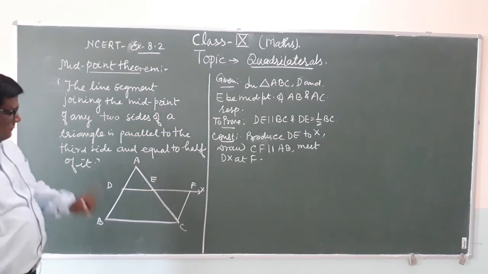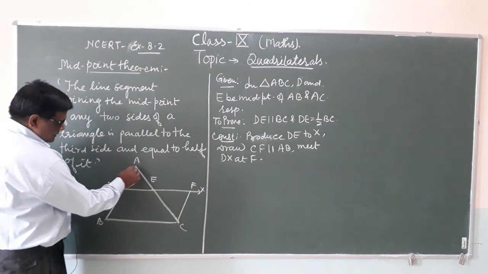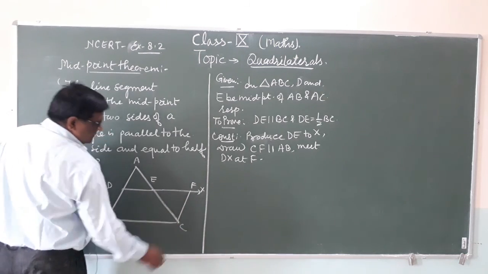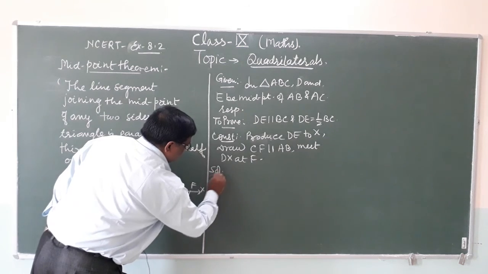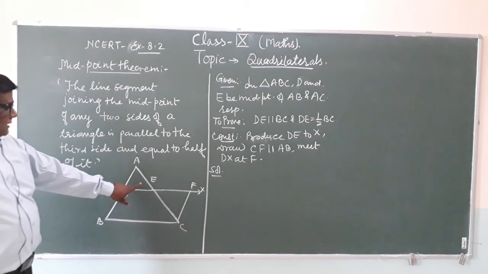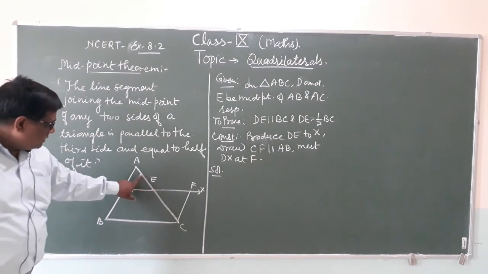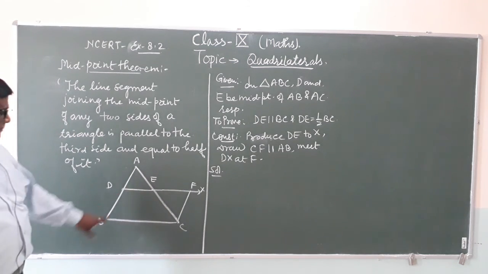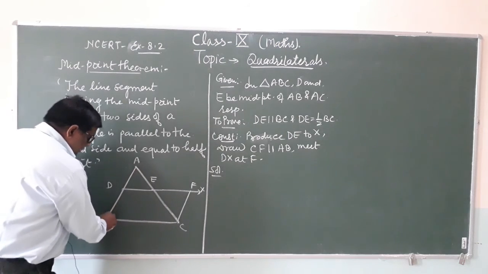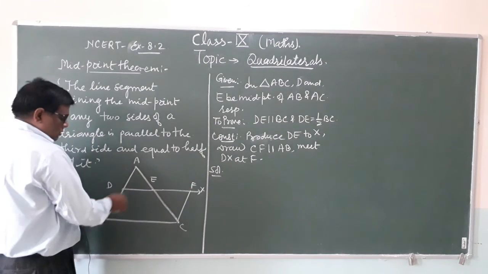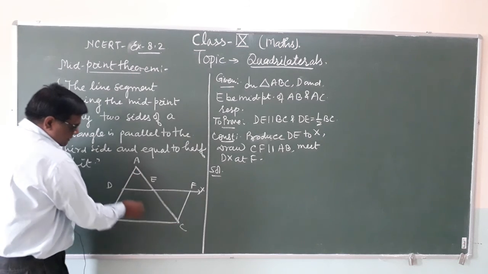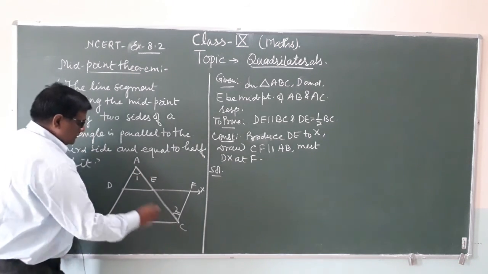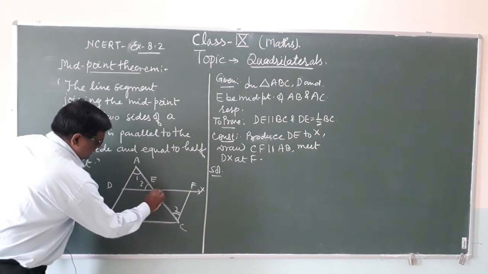Now we have to prove, first of all, triangle ADE is congruent to triangle EFC. Now our solution is: E is the midpoint of AC, so AE is equal to EC, and this line is parallel to CF, so angle 1 is equal to angle 2, and angle 3 is equal to angle 4.